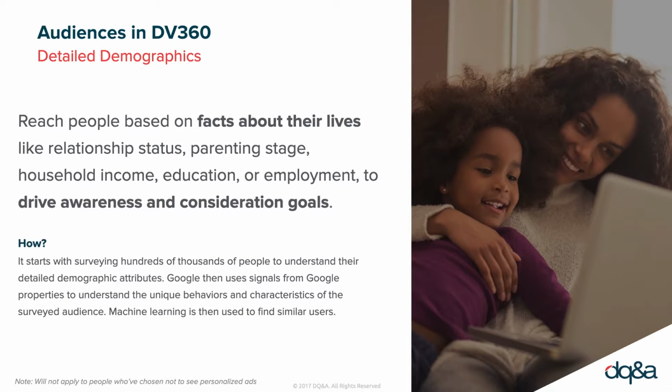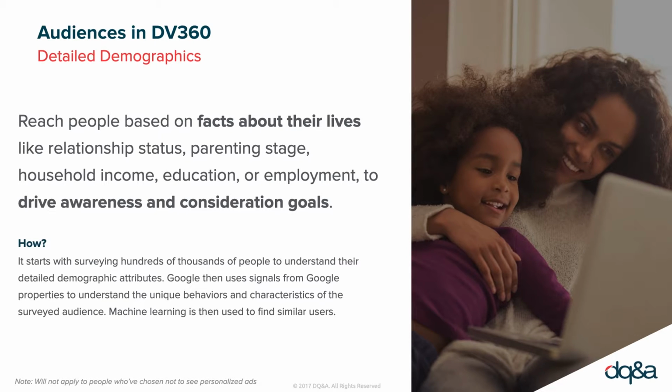With demographics audiences, we can reach people based on facts about their lives, such as relationship status, parenting stage, household income, education, or employment. How these are created: it starts by surveying hundreds of thousands of people to understand their detailed demographic attributes.